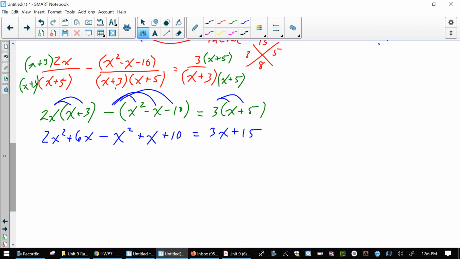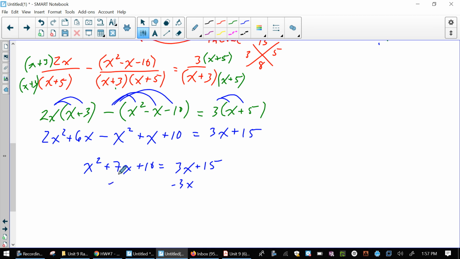When we see x squared, our strategy is to get all the x's on the same side. Okay, I like to keep my x squared positive, but watch as we start simplifying. 2x squared minus x squared gives me positive 1x squared. 6x plus x gives me 7x. And then we have that positive 10. And then on this side, 3x plus 15. All right, move these over.